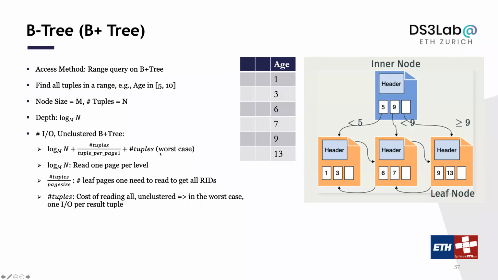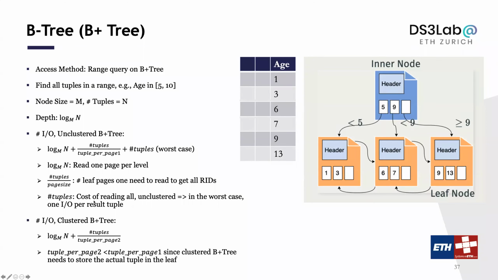Whenever you have a clustered B+tree, it gets a little bit faster. You still pay one cost to traverse the tree and go to the right leaf. Because I already have the actual tuple in the leaf node, all I need to do is sequentially scan the leaf nodes and return the tuples. I do not need to fetch a tuple anymore. The other part is the number of tuples in the result over the tuples per page.